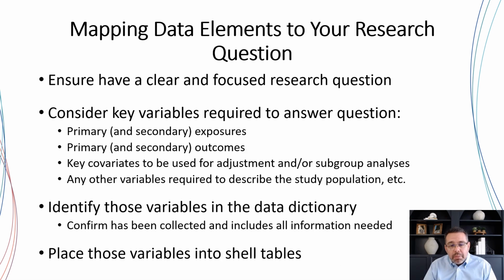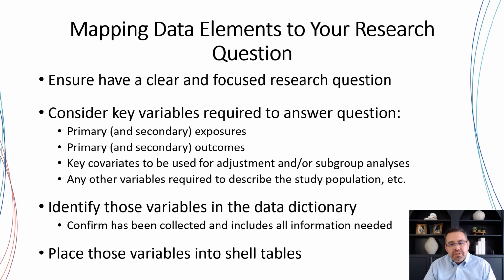And so probably the most important slide here, or I think the key takeaway message, is how do we map data elements to your research question? And I've got a few thoughts here. Hopefully it is helpful advice, but certainly please reach out to us if you have questions, after reviewing the data dictionary, as to how you might best go about it.